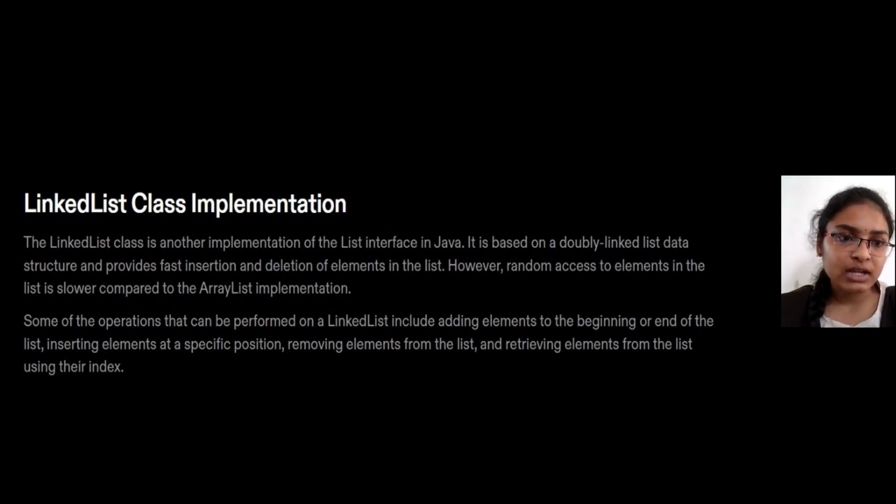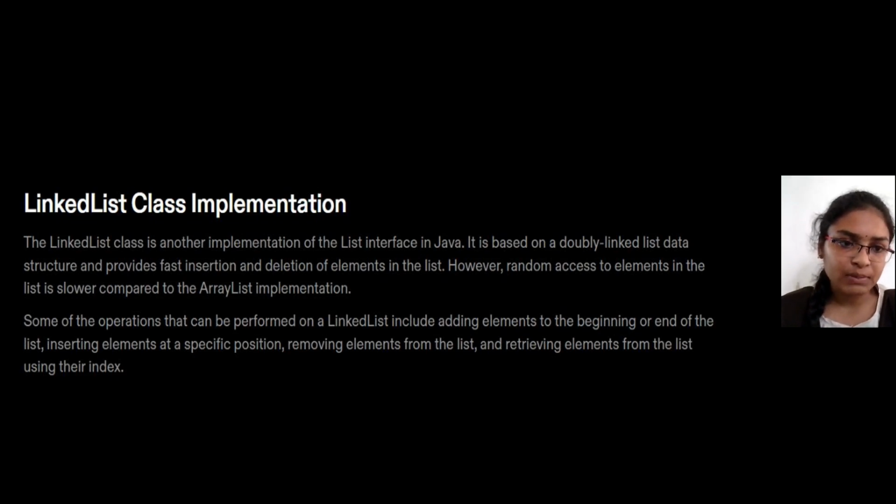The LinkedList class is another implementation of the list interface in Java. It is based on a doubly linked list data structure and provides fast insertion and deletion of the elements in the list. However, random access to the elements in the list is slower compared to the ArrayList implementation.